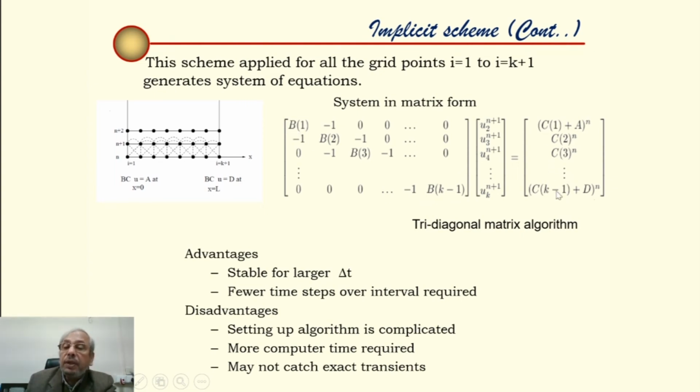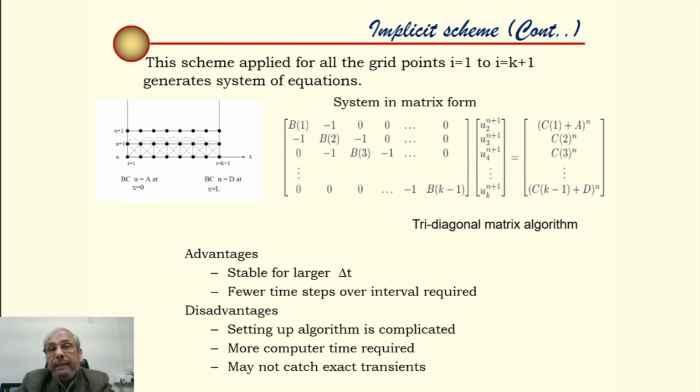A and B we have shifted to the right hand side, you can see, and then this equation can be solved very easily, because we will read a little later that tridiagonal matrix systems can be inverted very easily through an algorithm known as the Thomas algorithm.